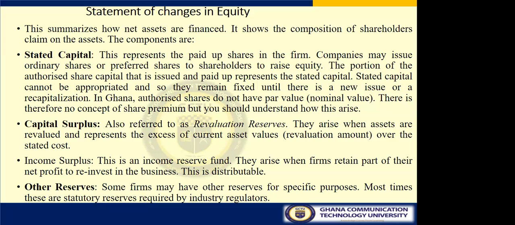So, for example, if a company makes a profit of, let's say, 100,000, they decide, okay, we are going to reserve 80% of that to be reinvested into the business.